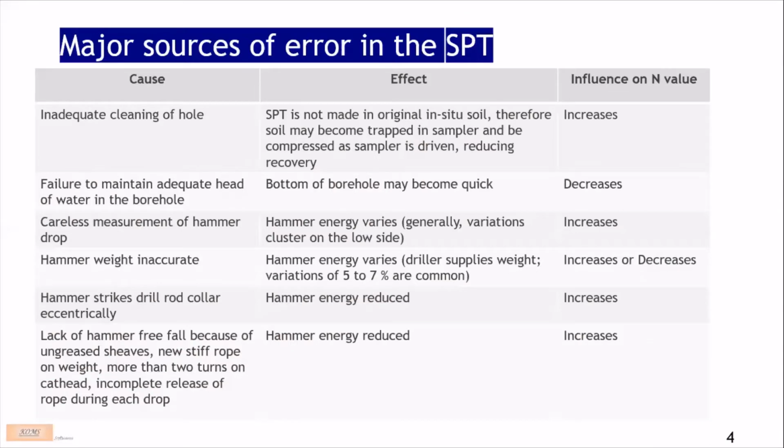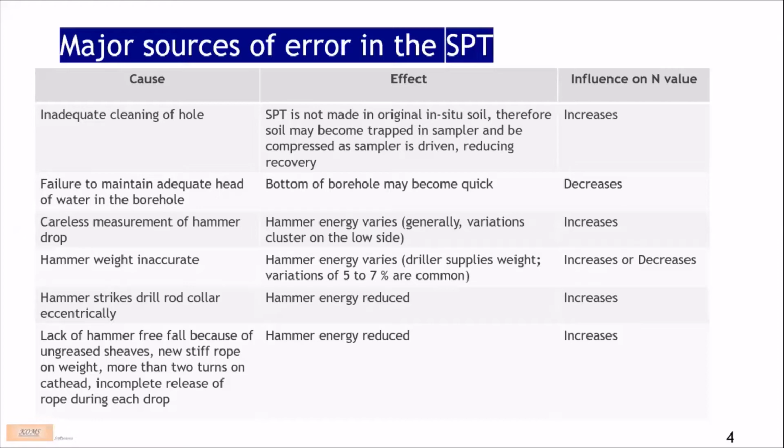So there are various factors that can influence the N values gotten from the SPT. Inadequate cleaning of the hole can cause an increase in the N value. When you do not maintain an adequate water level in the borehole, the bottom of the borehole may become quick and loose, which can reduce the N value.